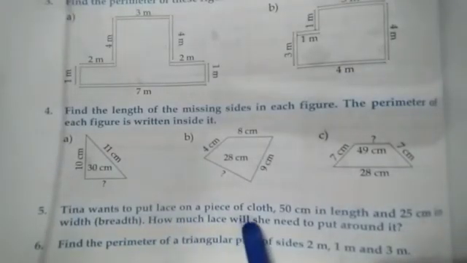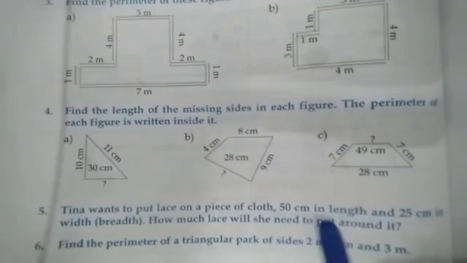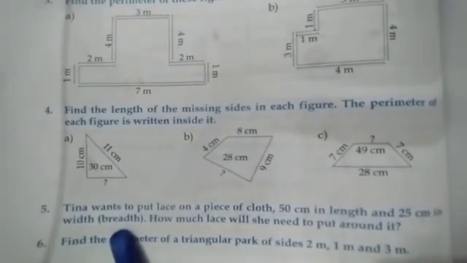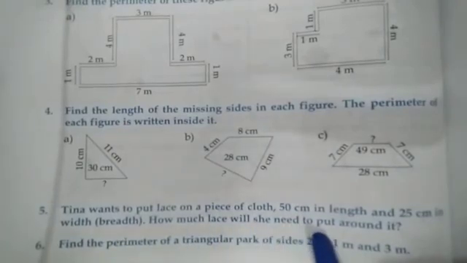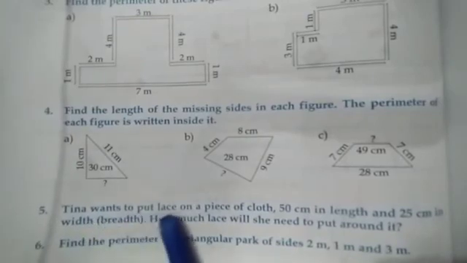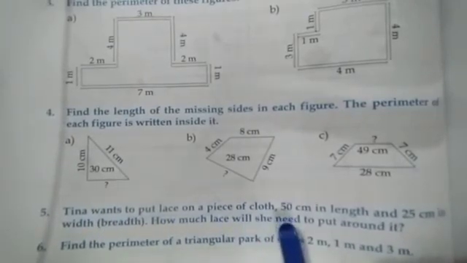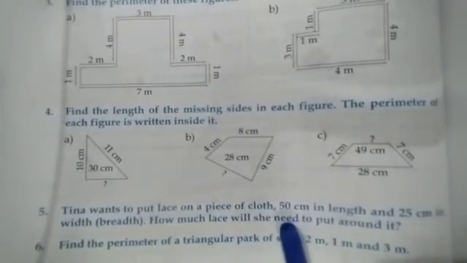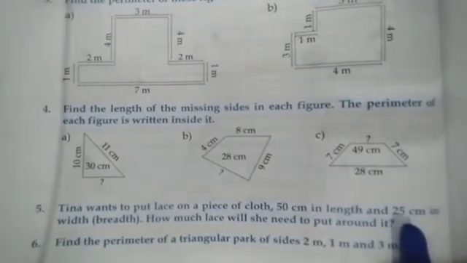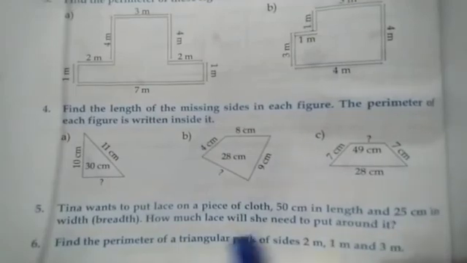Next question. Tina wants to put lace on a piece of cloth 50 centimeter in length and 25 centimeter in width, that is breadth. How much lace will she need to put around it? The measurement of the cloth is given, 50 centimeter length and 25 centimeter breadth.